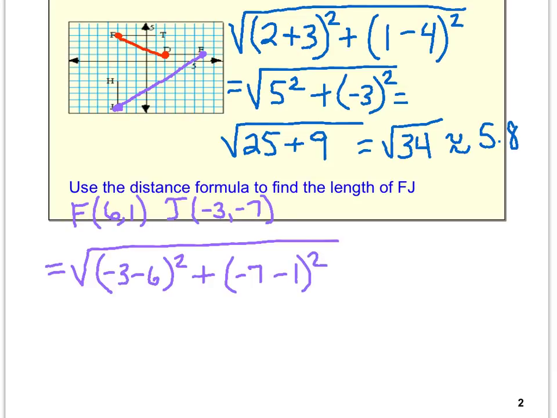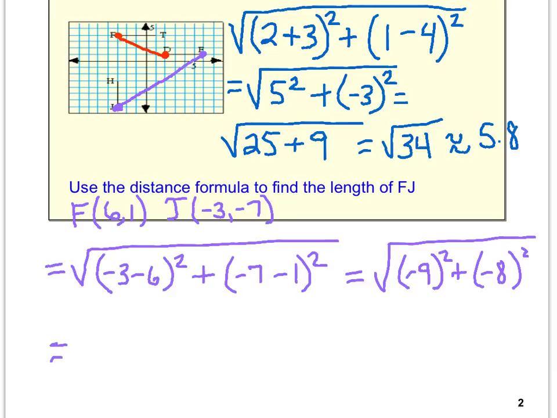We've got the x2 minus x1, so negative 3 minus 6 squared, plus y2 minus y1, so negative 7 minus 1 squared. Next I want to evaluate the parentheses. So we have negative 3 minus 6, which is negative 9 squared, and negative 7 minus 1, which is negative 8 squared. Next step is to do the powers, or the exponents.